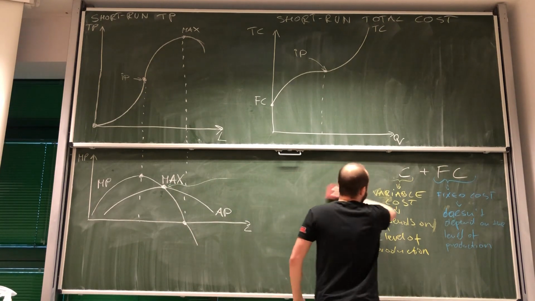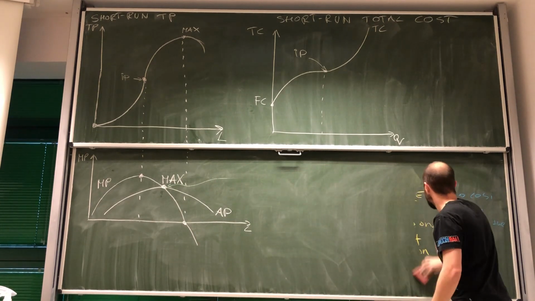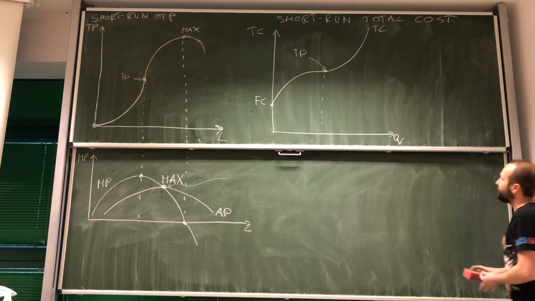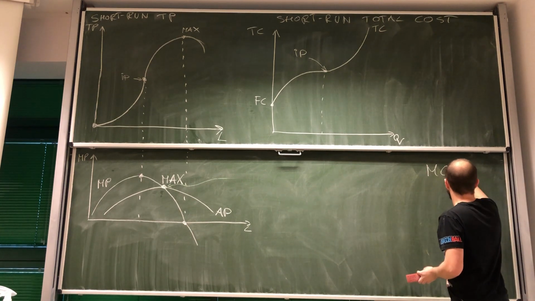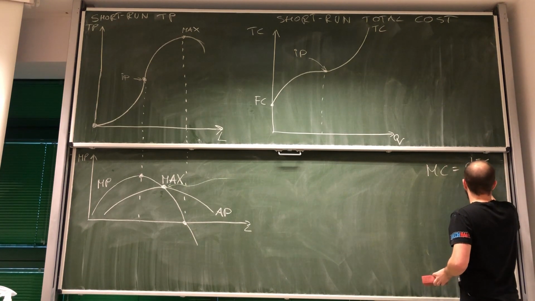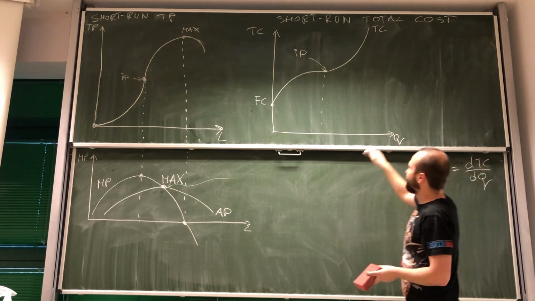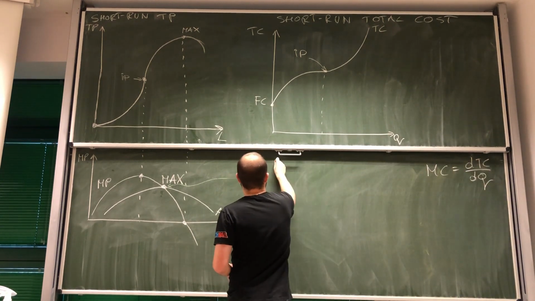So, look, we already said that marginal cost is nothing more but the first derivative of the total cost with respect to production.